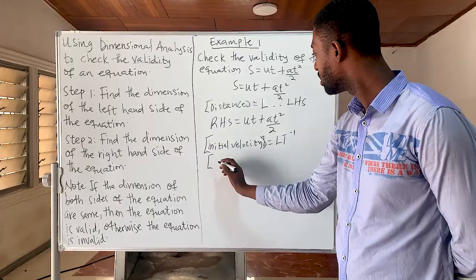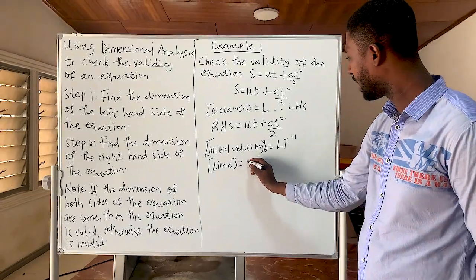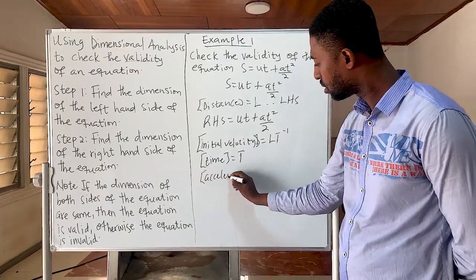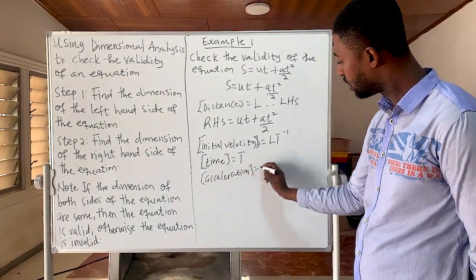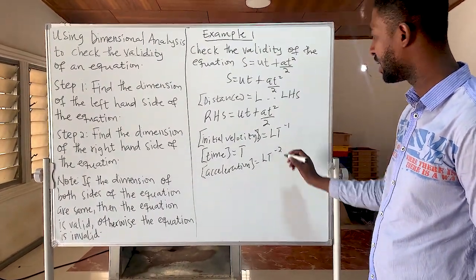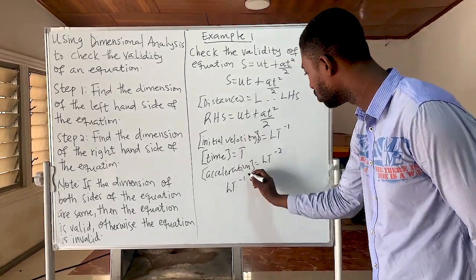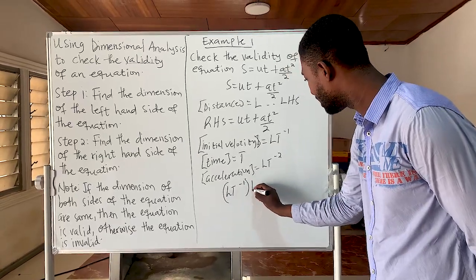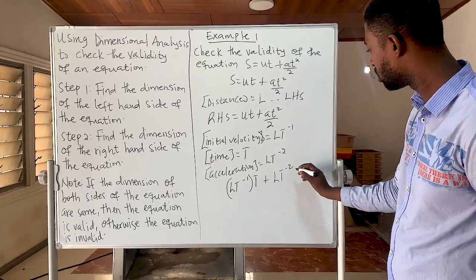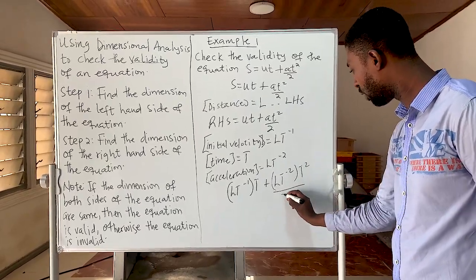The dimension of t, which is time, is T. Then the dimension for acceleration, which is change in velocity with time, is LT minus 2. So on the right-hand side we have LT minus 1, which is u, multiplying T, plus LT minus 2 multiplying T squared, all over 2.